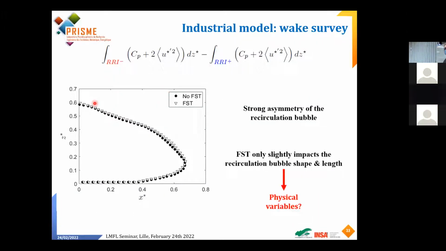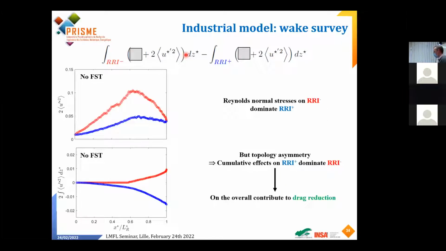If there is no effect on the bubble itself, can we think there is an effect on the physical variables, such as pressure, stresses, and so forth? Let's look first at the normal stresses. Obviously, here we are making an experiment, so I will not be able to present any pressure values in the flow.